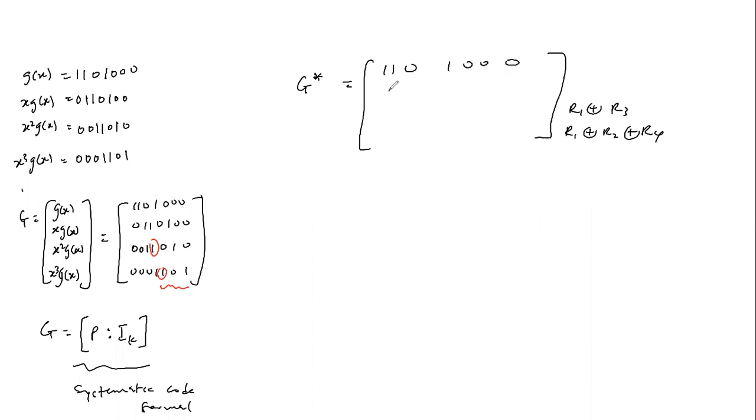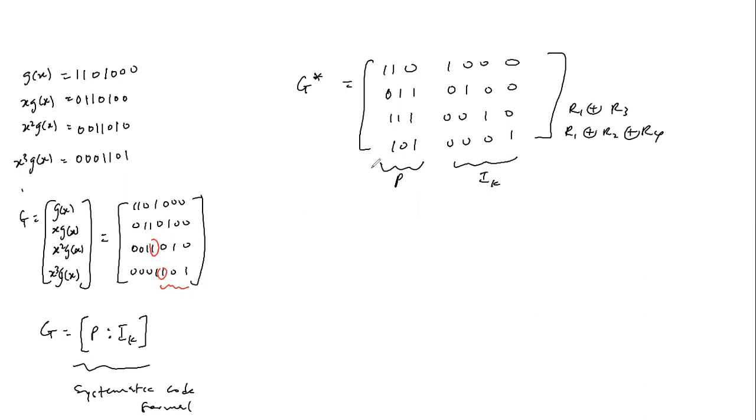And we're going to get 0, 1, 1, 0, 1, 0, 0. And we're going to get 1, 1, 1, 0, 0, 1, 0. We are going to get 1, 0, 1, 0, 0, 0, 1. Perfect. Now you see that we have the parity matrix and we have the identity matrix.